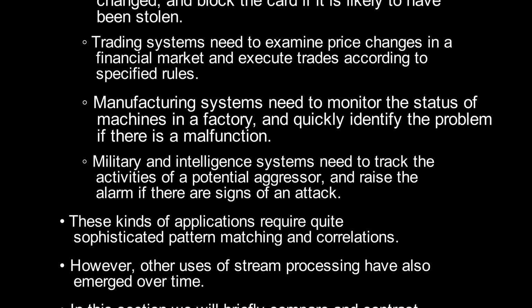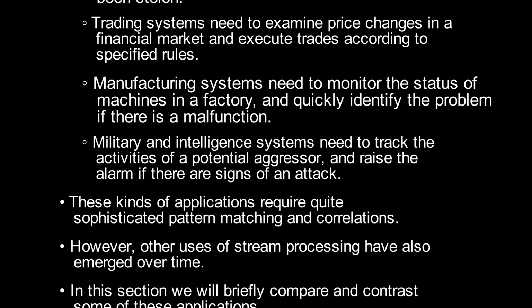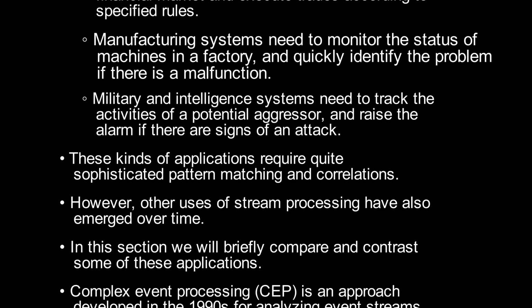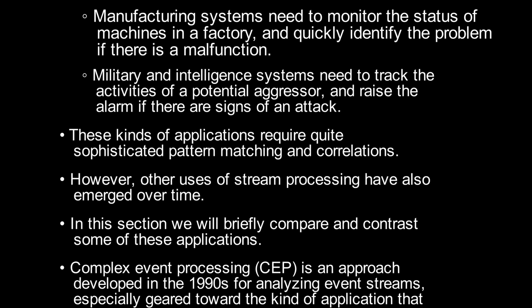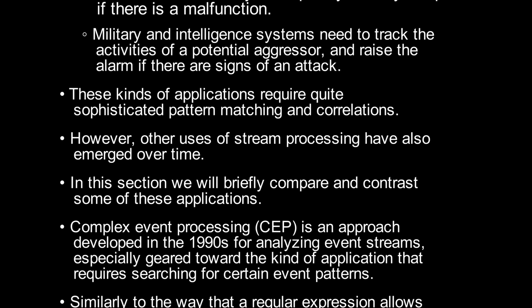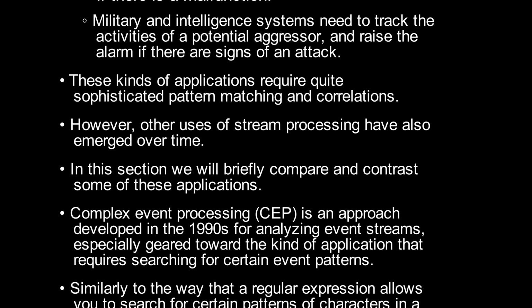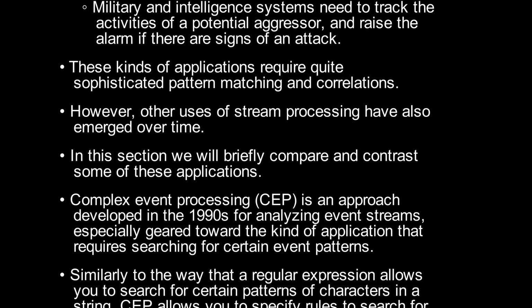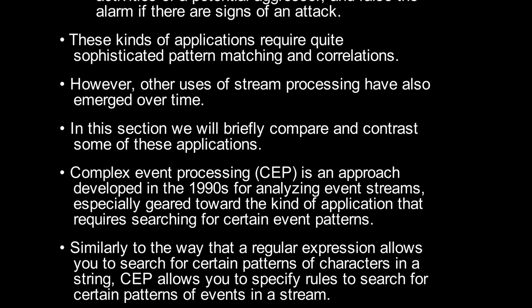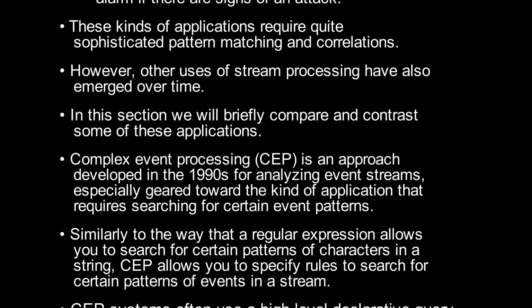These kinds of applications require quite sophisticated pattern matching and correlations. However, other uses of stream processing have also emerged over time. In this section we will briefly compare and contrast some of these applications. Complex event processing (CEP) is an approach developed in the 1990s for analyzing event streams, especially geared toward the kind of application that requires searching for certain event patterns.